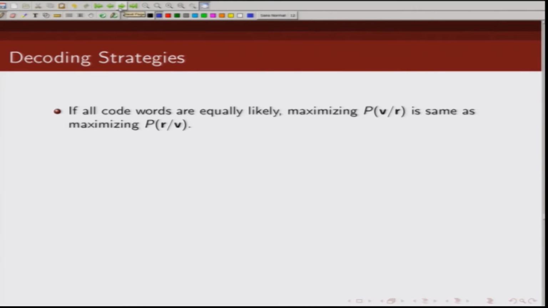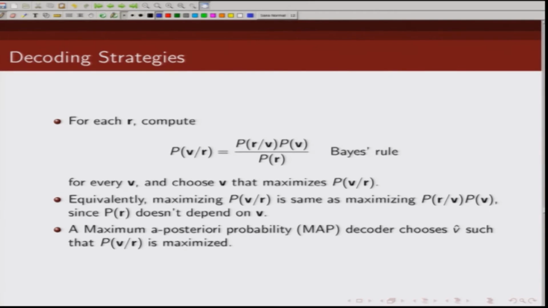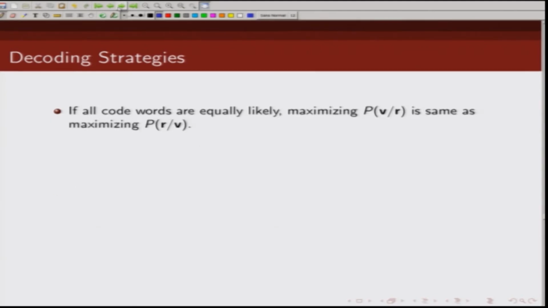Now, what happens if all code words are equally likely to happen? If all code words are equally likely, then look at this term, the probability of V will be the same. So, in that case, maximizing the probability of V given R is the same as maximizing the probability of R given V. So, that is what we are saying.